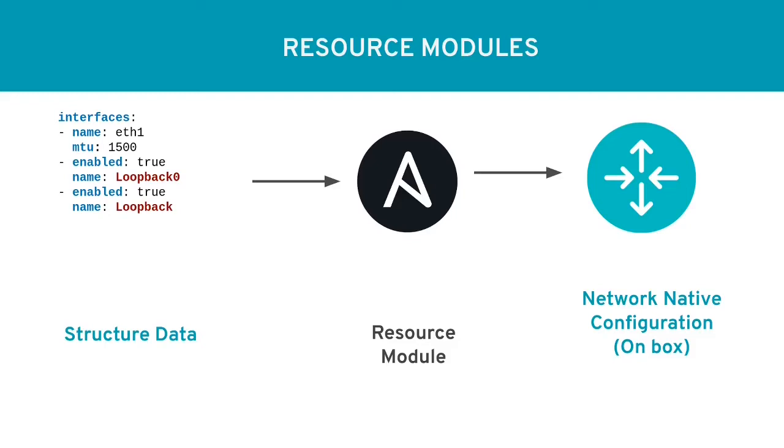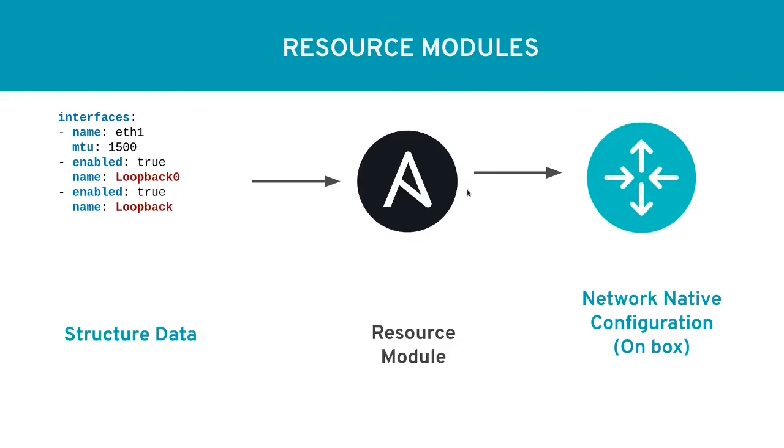But the problem now is that you still need a method to take these key value pairs as source and then convert them back into the specific configuration that a specific device or platform is expecting, right? So platform specific modules now need to be developed to satisfy these new requirements of fact gathering and normalizing activities.